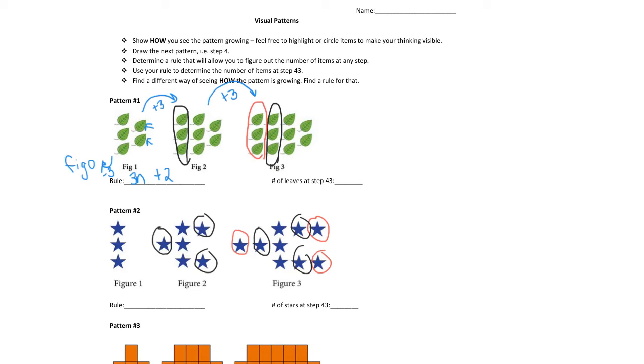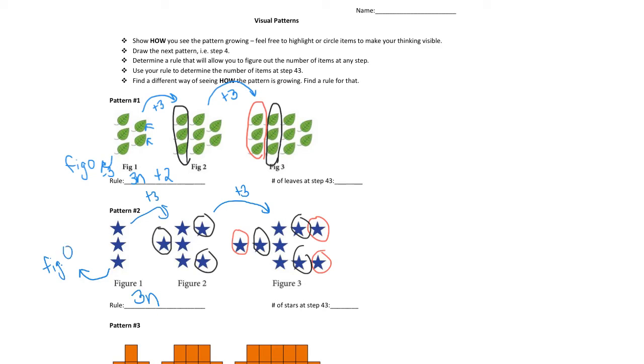Well, we went from figure 1 with 3 stars, and then we added 3 here. And then we added 3 more with the red circles around them. So we know this one is going to have 3 in as well. Like we did before, we've got to work backwards to figure 0.